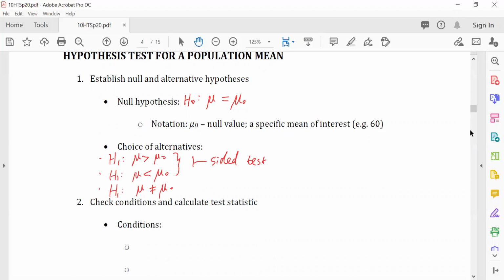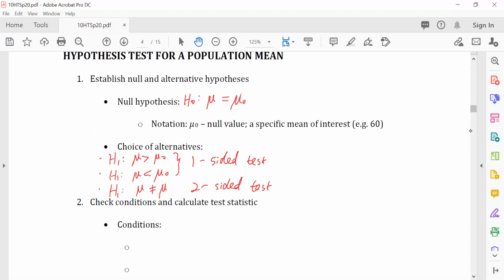The last choice, the one with the not equal sign, is called a two-sided test.